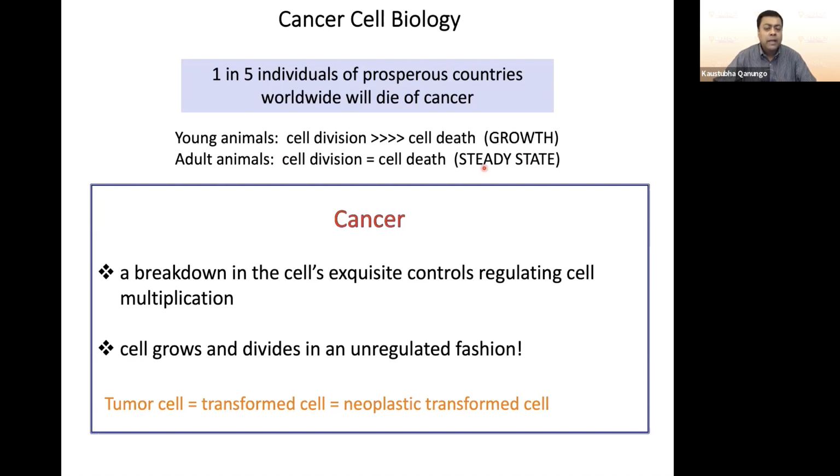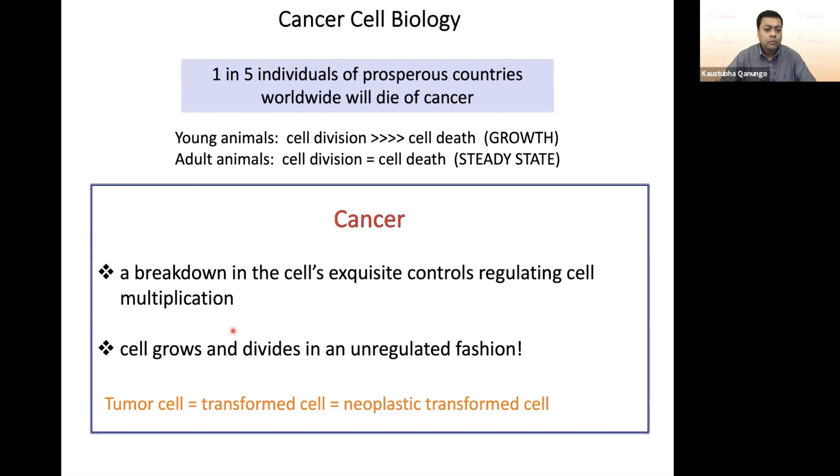This whole process is controlled, as we have seen beautifully, by the cell's exquisite control of regulating cell multiplication. The cell cycle drives this whole process, whereas cancer is basically a breakdown of the cell's exquisite control over this cycle, and the cell grows and divides in an unregulated fashion. That is basically cancer.